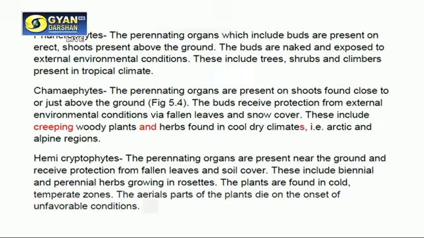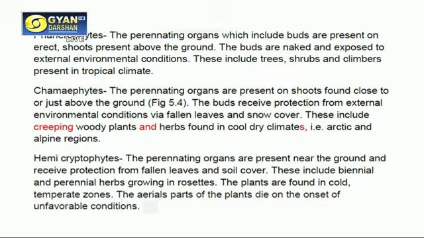Then come chamaephytes. In chamaephytes, the perennating organs are present on shoots found close to or just above the ground. So here the perennating organs are not that high. They are present just above the ground. That is the difference. The buds receive protection from external environmental conditions by fallen leaves and snow cover.